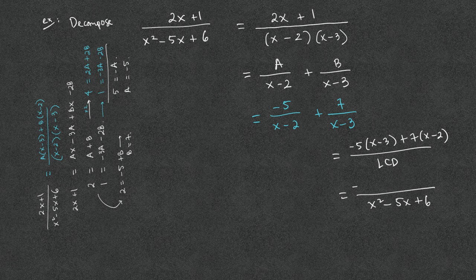Negative 5 times x is negative 5x, minus 5 times negative 3 is plus 15, plus 7x minus 14. Minus 5x plus 7x is positive 2x, 15 minus 14 is 1. Thus, this is the correct partial decomposition.